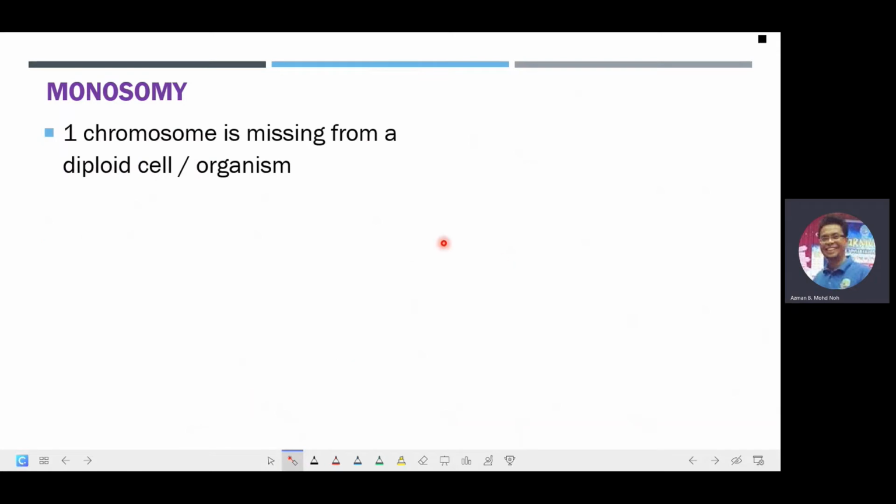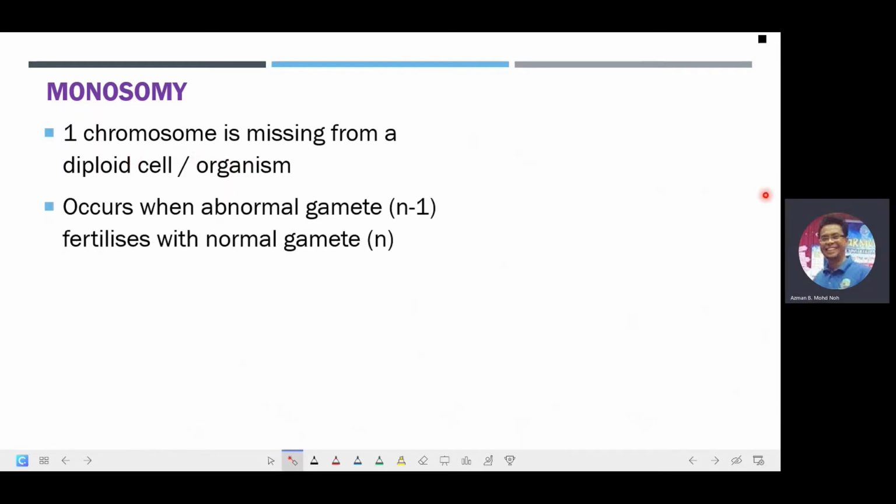Monosomy is a condition when a diploid cell or when an organism is having less one chromosome. Let's say we have a diploid cell and we focus on a pair of homologous chromosomes over here. This cell will undergo the process of meiosis 1. Unfortunately, Nondisjunction occurs during meiosis 1.